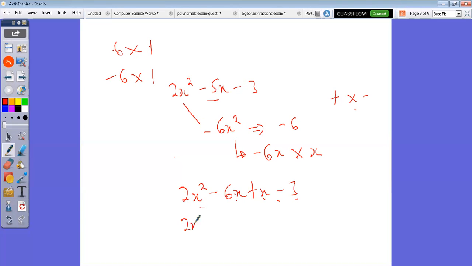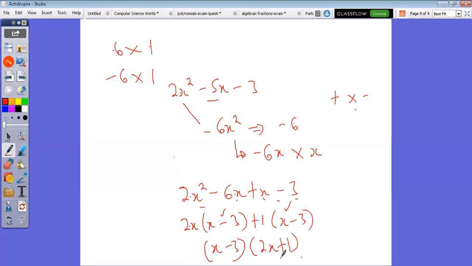So factor out 2x. Divide there, you get x, minus, divide there, you get 3. Then you want this to be exactly like this. The only tricky thing is you simply say plus 1, because 1 does not change anything. It becomes x minus 3, so that this is exactly the same. When this is exactly the same, this is the other factor. So it will be x minus 3 brackets 2x plus 1.